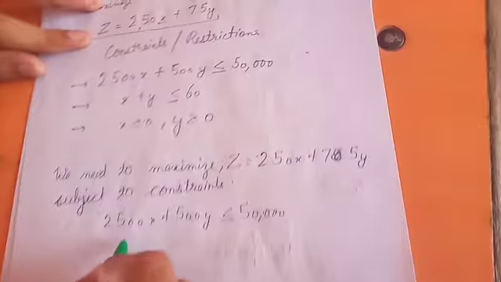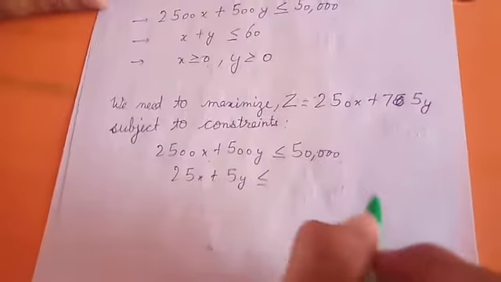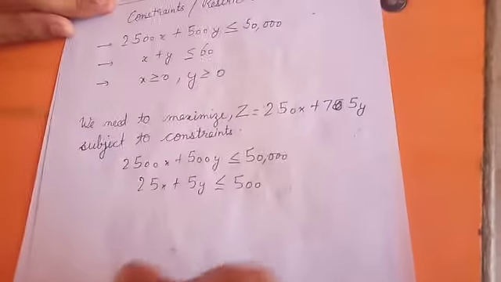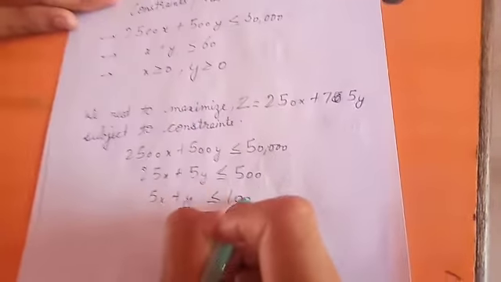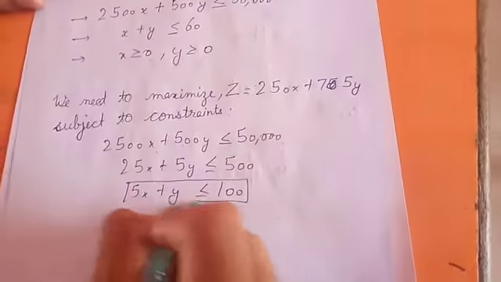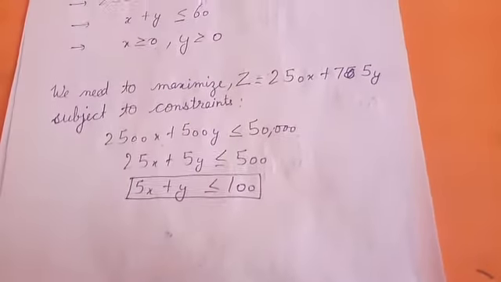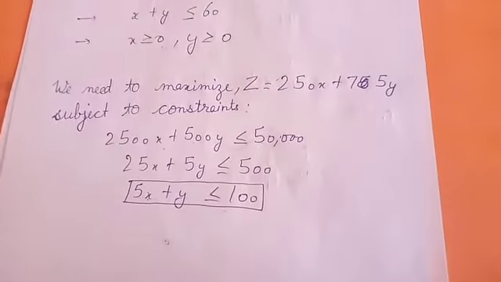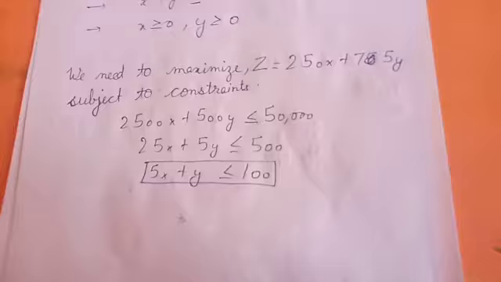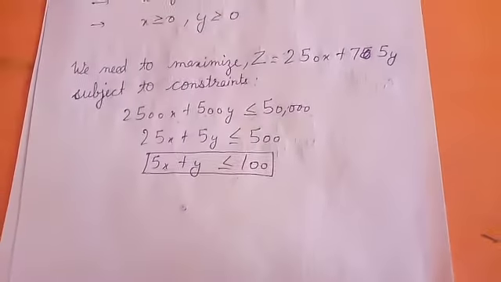Now to simplify it, you can also say that 25x plus 5y should be less than or equal to 500, or 5x plus y should be less than or equal to 100. Either you can write it in the simplified way or in this way, there will be no change, but if we write it in the simplified way, it will be easy for us while finding answers in further exercises.